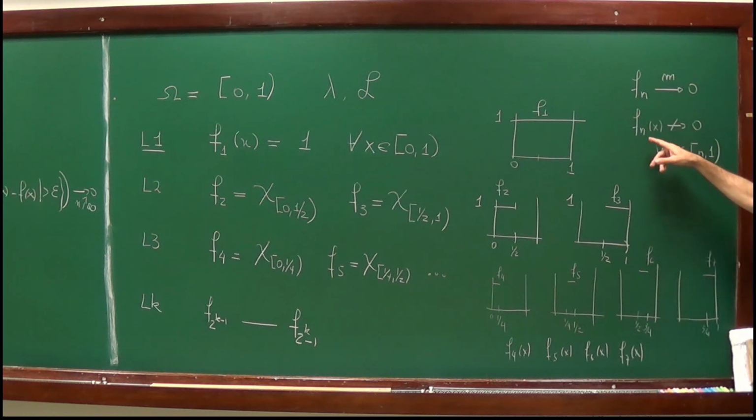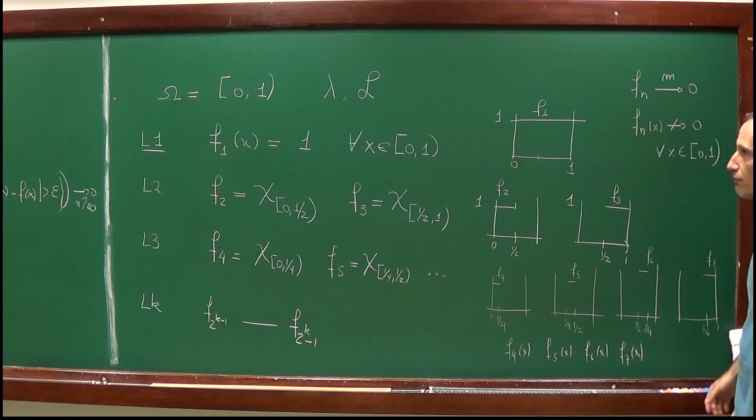And it's also very easy to construct a subsequence for which f_k of x is equal to 0. So this proves the statement that for any x in this interval [0,1], it's not true that f_n of x converges to 0.